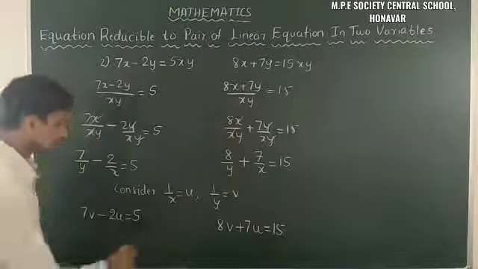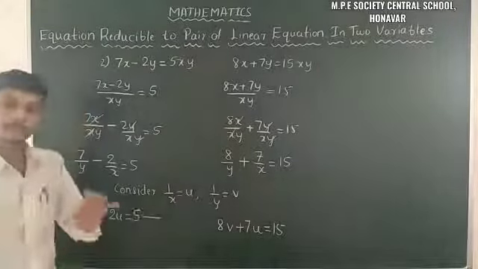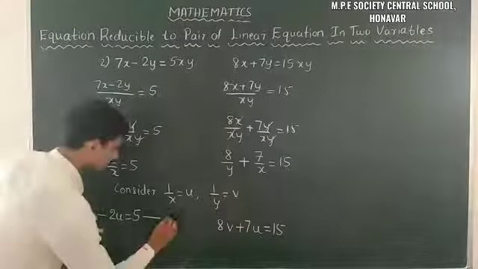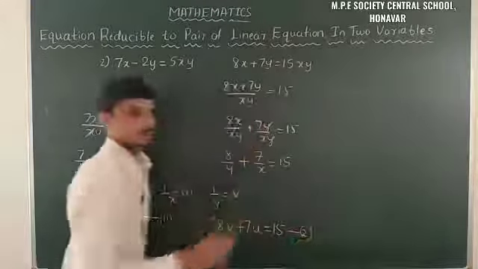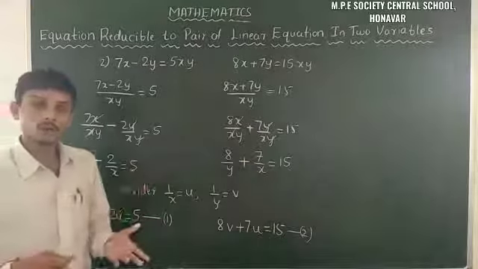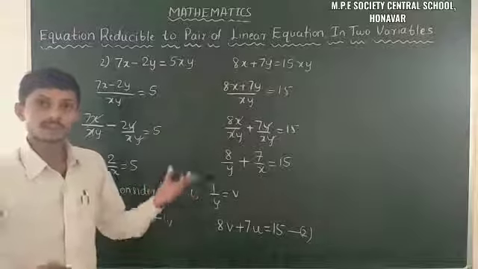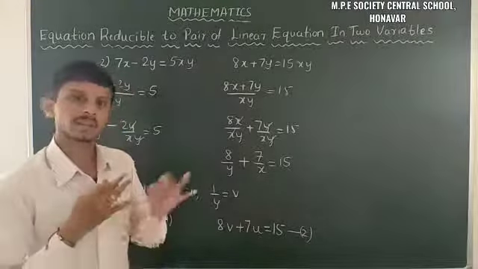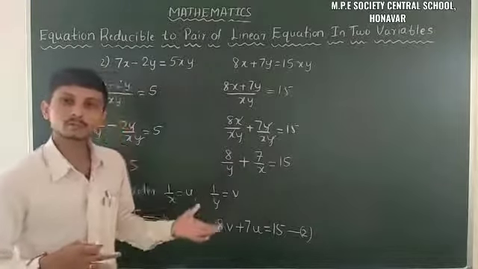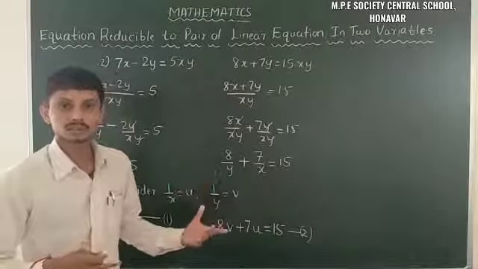So this is our standard form of a pair of linear equations in two variables. I will consider these as equation number 1 and equation number 2. Then we have to solve by any method, whether it is the substitution method, elimination method, or cross multiplication method.